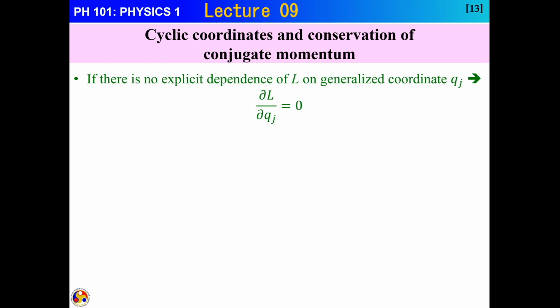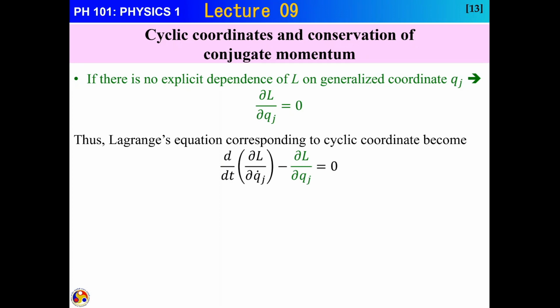In such a case, the Lagrange's equation of motion corresponding to this particular cyclic coordinate can be written so that, since this term is going to be 0, I can simply rewrite it as the time derivative of the partial derivative of the Lagrangian with respect to generalized velocity is 0.